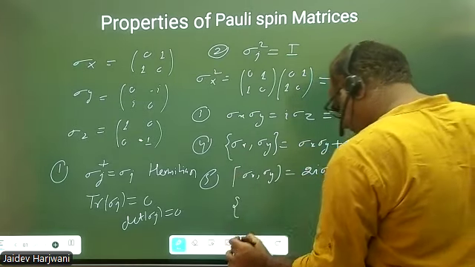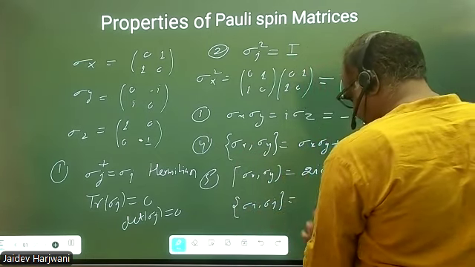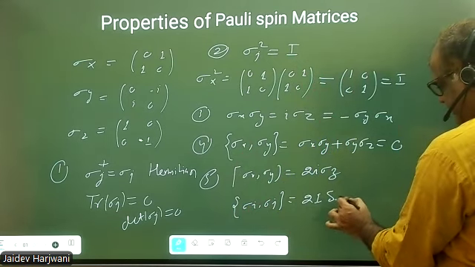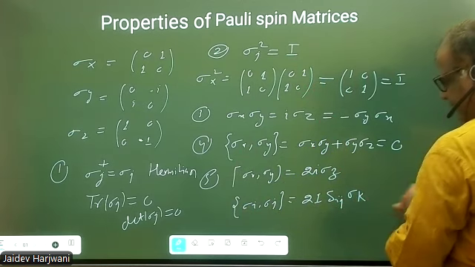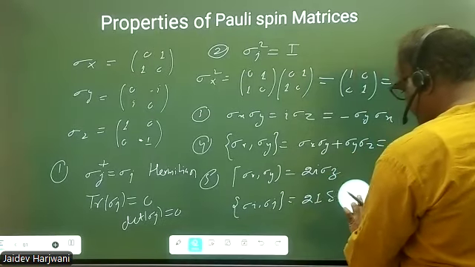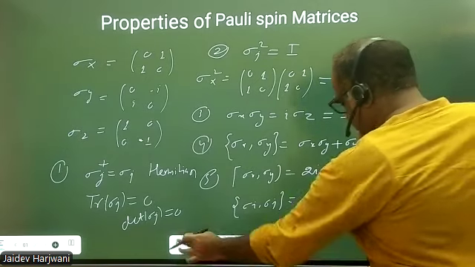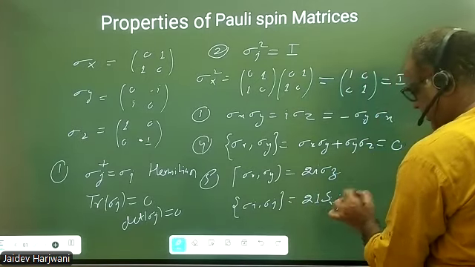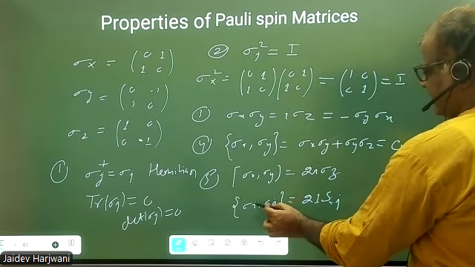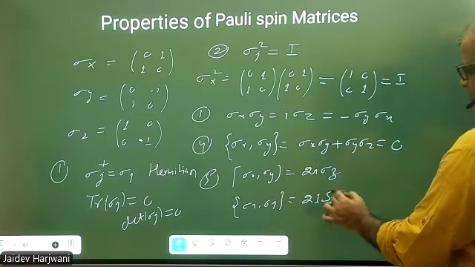You can write the commutator of sigma i and sigma j as 2 iota epsilon ijk sigma k. Say if i equals j, then you get iota squared plus iota squared, that is 2 iota.